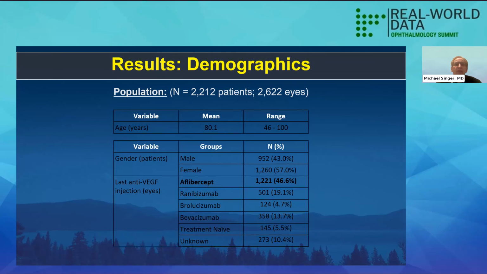And here are your basic demographics. Important to understand that most of the patients, as you can see, were previously treated, with only 5% being treatment naive. The vast majority of patients were switched from aflibercept versus other anti-VEGF medications. The mean age is what you'd expect.